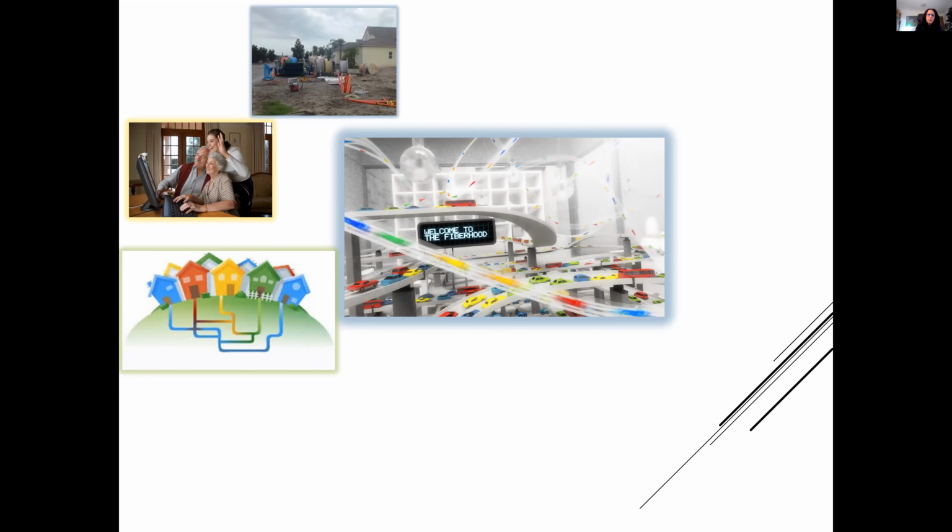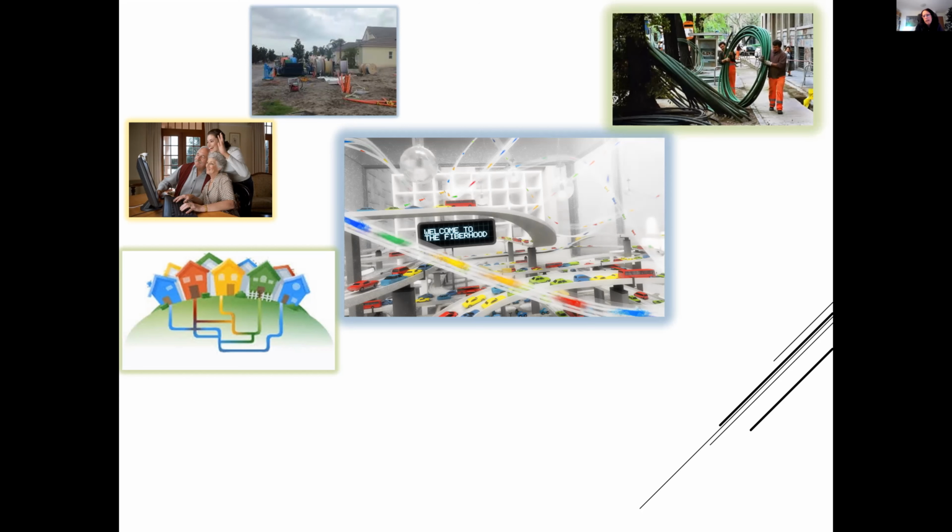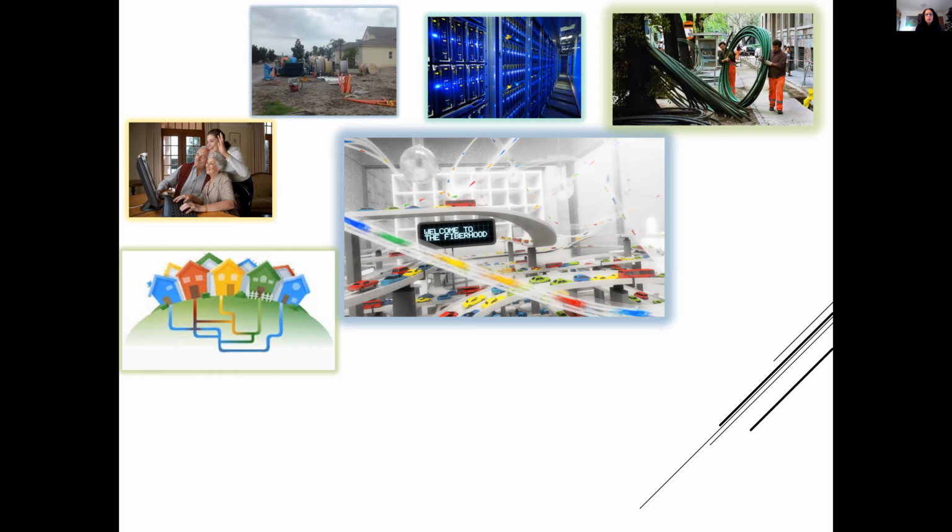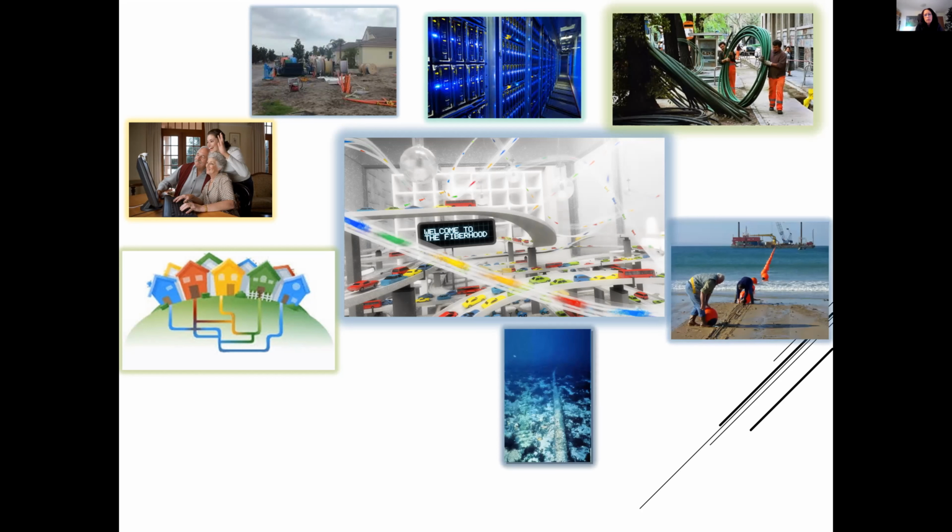So the fiber runs very close to our home and inside the town, to the central office that you can see here. But of course, as I said before, we needed to connect also Europe with the States.